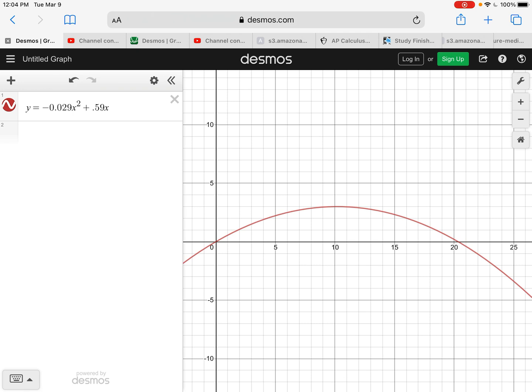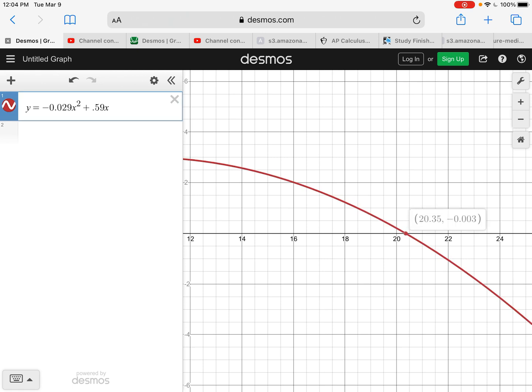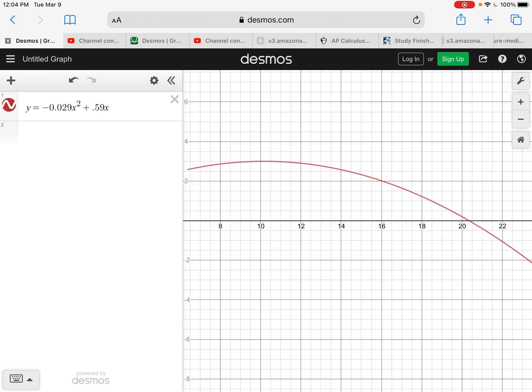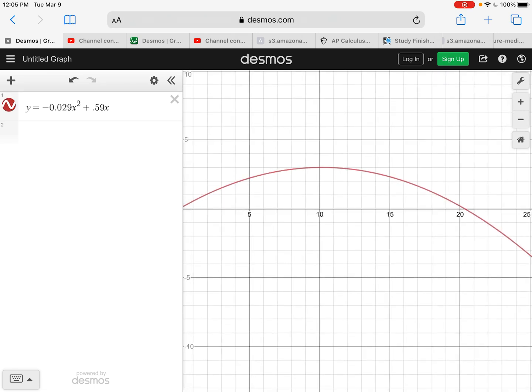So what we want to know is, where is that x-intercept that's around 20-ish? On your calculator, you can find it more precisely. On Desmos, it will actually find it automatically. So Desmos has found that that's at 20.345. That's where the frog lands.